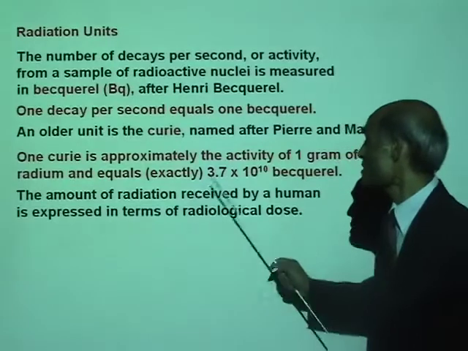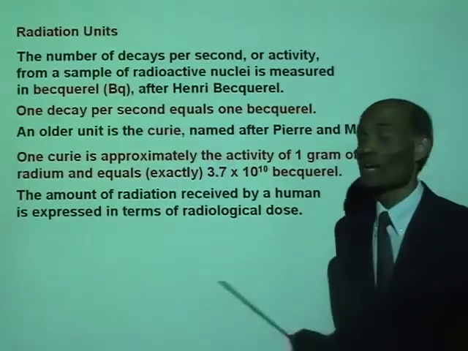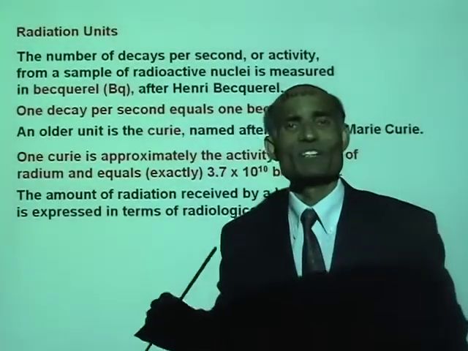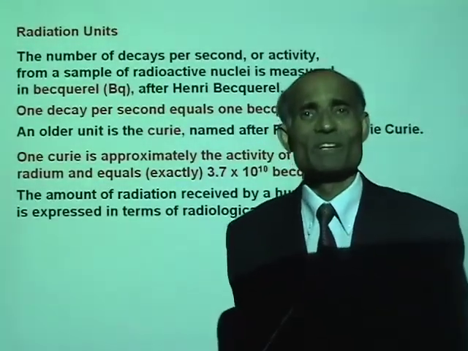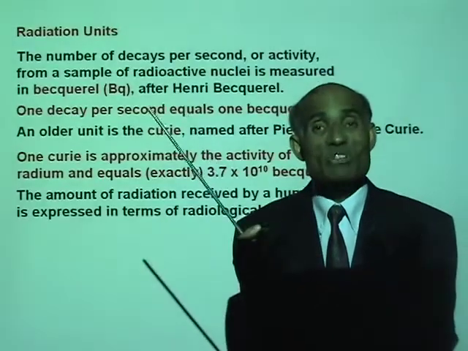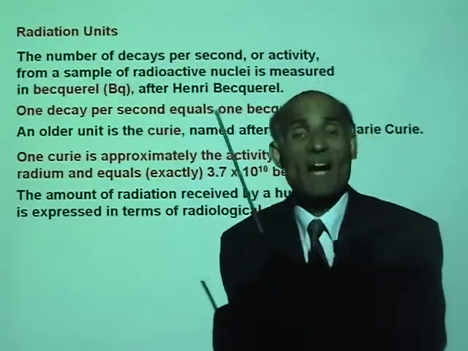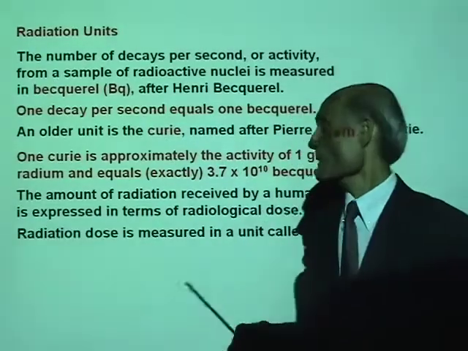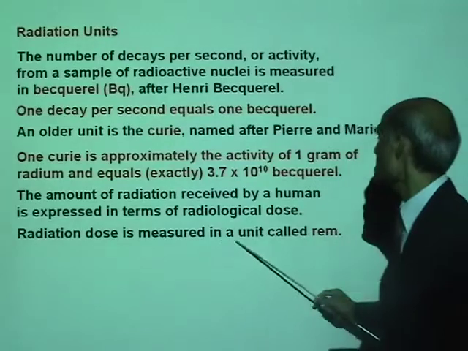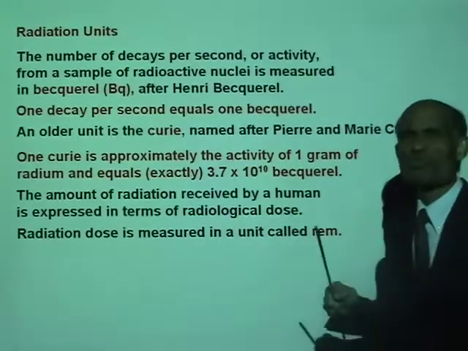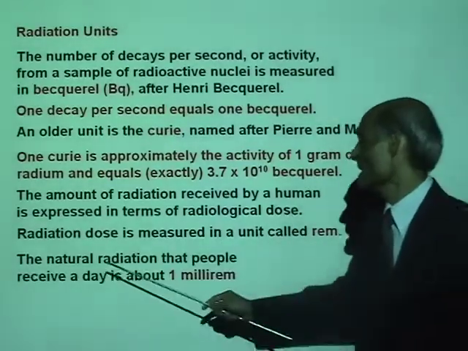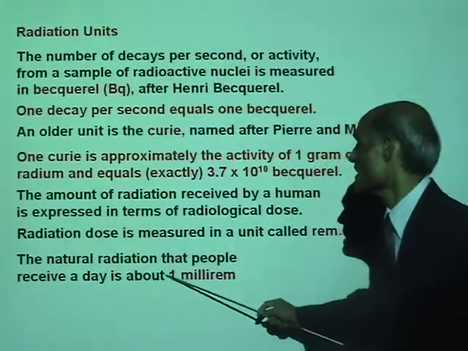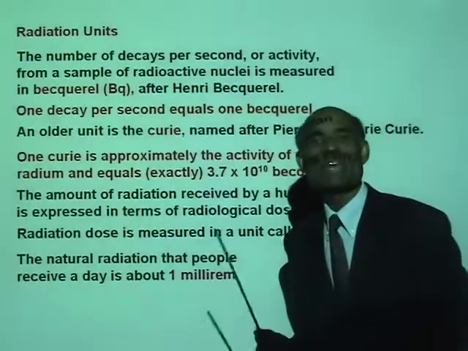The amount of radiation received by a human is expressed in terms of radiological dose. It's called the biological dose. In other words, if you want to measure the radiation that we are getting exposed to, we use a different unit for that. Radiation dose is measured in a unit called rem. The natural radiation that people receive in a day is about 1 millirem.